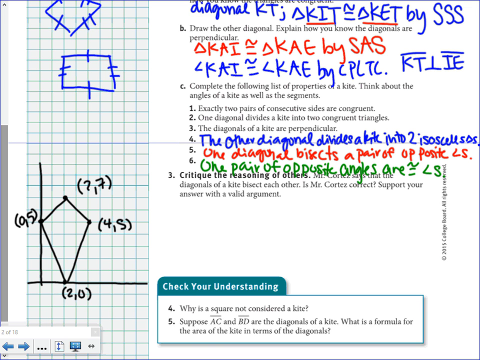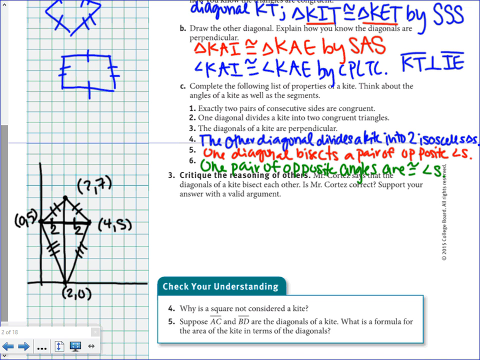And so this is one diagonal, and this is the other one. As you can see, this diagonal length is 2, and this diagonal length is 2. So we know that these are congruent. We also know, since it's a kite, these sides are congruent, and these sides are congruent.